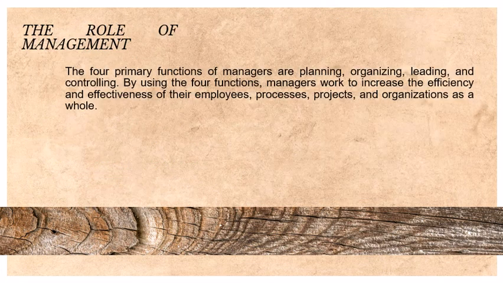Okay, we have the role of the management. The four primary functions of managers are planning, organizing, leading, and controlling. By using the four functions, managers work to increase the efficiency and effectiveness of their employees, processes, projects, and organizations as a whole.